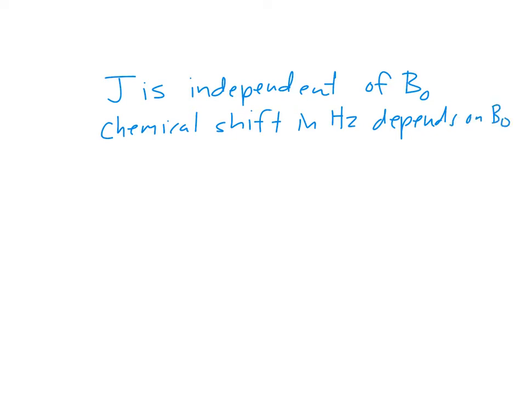You know, we do the delta scale, and that doesn't depend on the field, but the chemical shift in Hertz does. So let's say we're going to look at, I'm going to draw out two different peaks here. So let's say at 200 megahertz, I'm just going to draw out part of this.